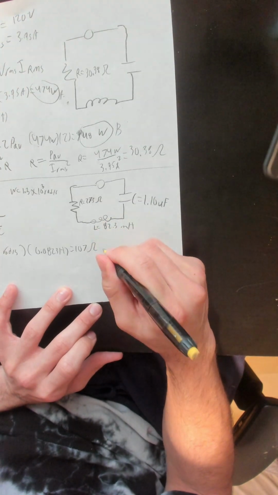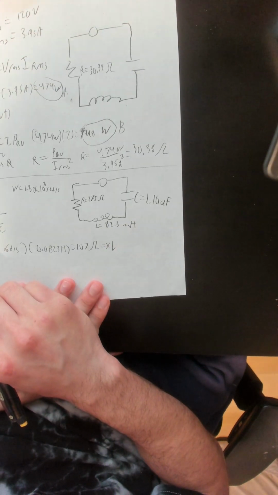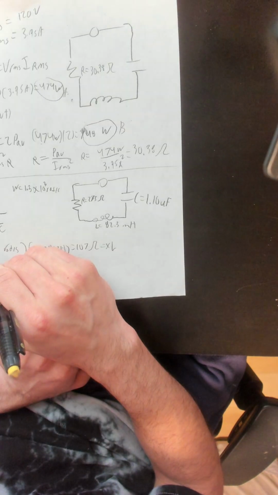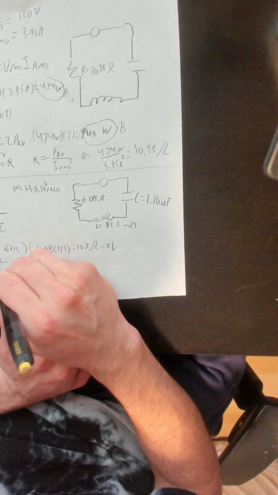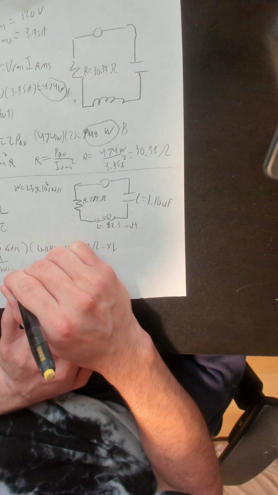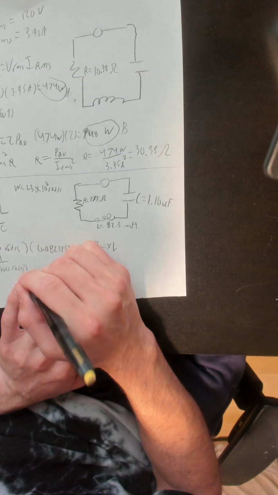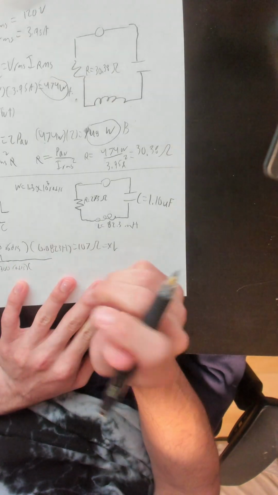All right, for XL. And for the capacitive reactance, that'll just be 1 over 1300 again, radians a second. And just spread this out.